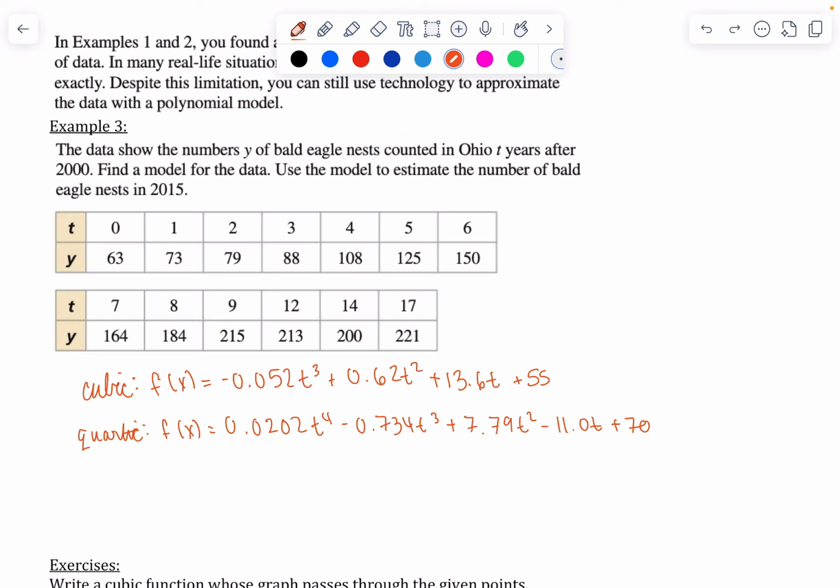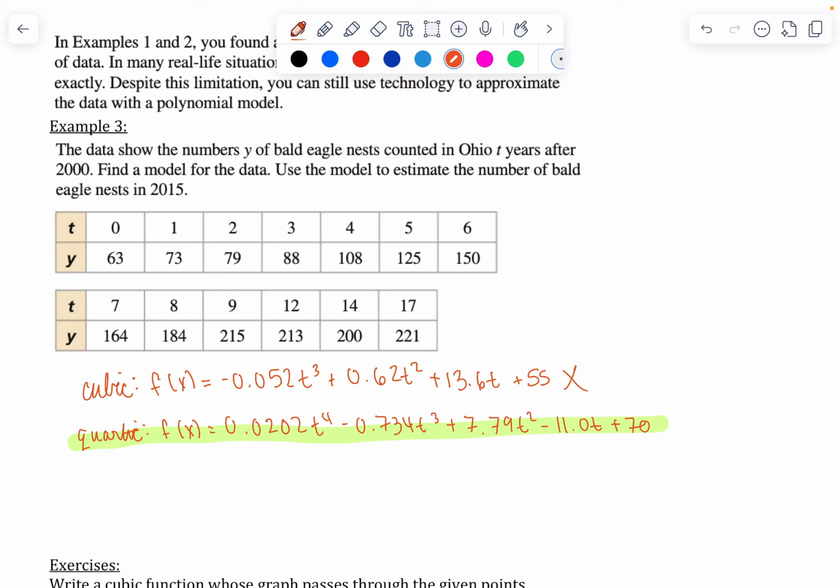So the one that fits the model better is going to be the cubic model. Not the cubic, the quartic. So this is the one that we're going to go with, okay? When we have class next time, I'll explain to you why it's the quartic when we can do the graph.